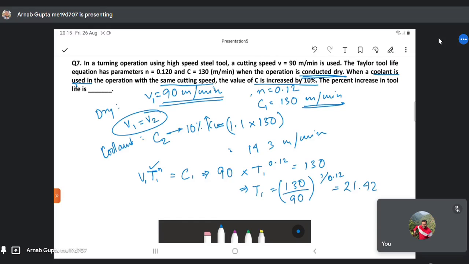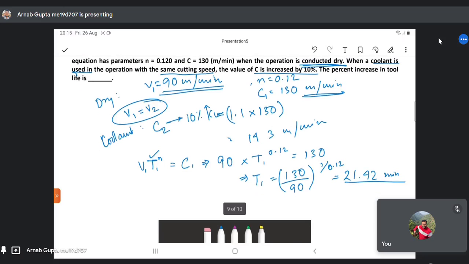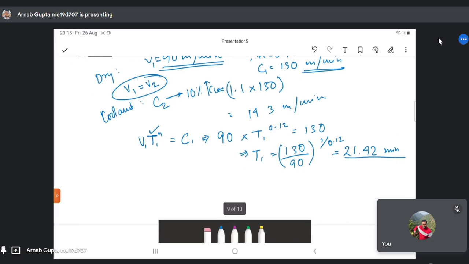This is T1. Now coming to T2. So V2 is same, here V2 T2 power n is equal to C2. So n is also being assumed to be constant here. On 143.